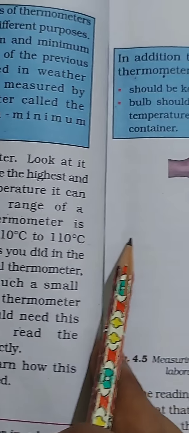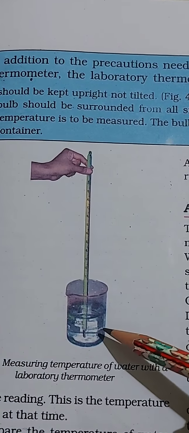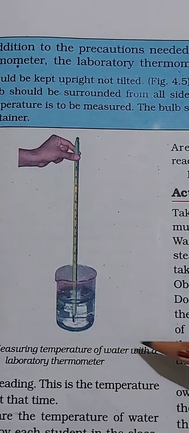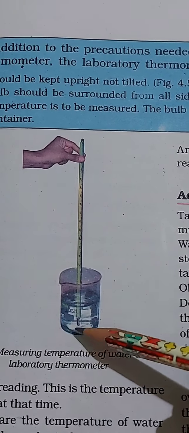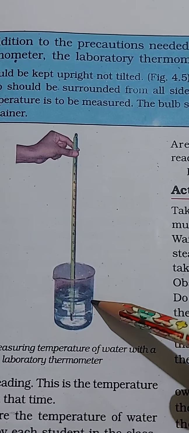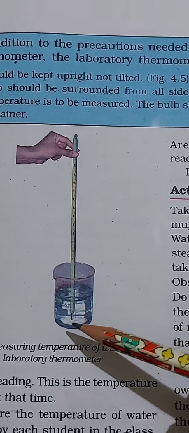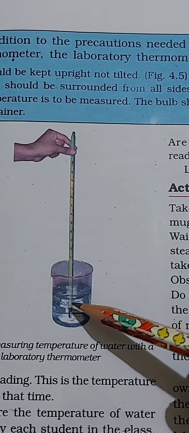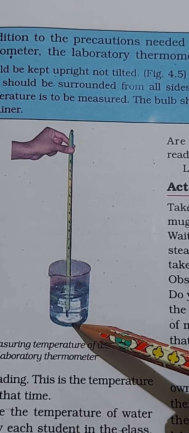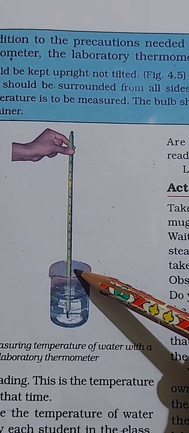In what way can we measure the temperature of substances? Here is one example. In this activity, we measure the temperature of water. In this glass jar, we take some water. The laboratory thermometer we hold straight, do not bend it, and do not let it touch the bottom or the walls of the container.